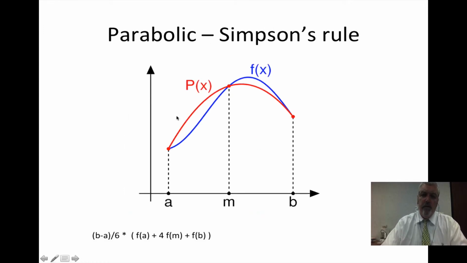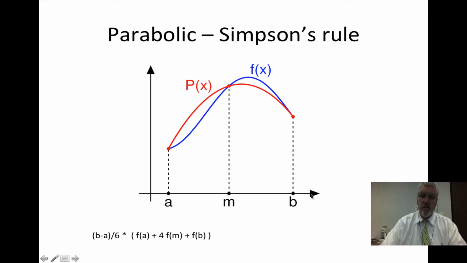Another rule, instead of fitting a trapezoid, is to try to fit a parabola to the curve. Again, you've got the left-hand endpoint and the right-hand endpoint, and you take the midpoint for any of the little intervals that you have. Then the area under the parabola is known to be the left-hand endpoint plus the right-hand endpoint plus 4 times the value at the midpoint, divided by 6 and multiplied by the length of the interval.